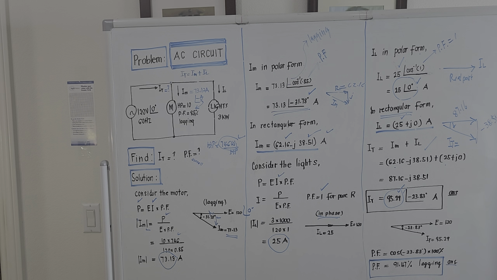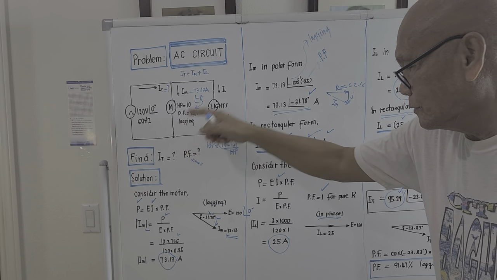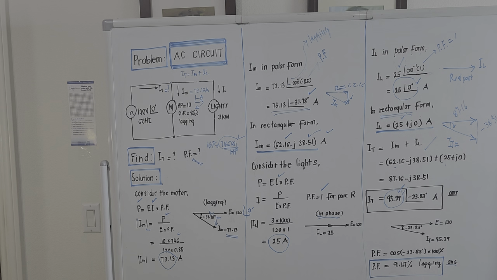If we draw the vector diagram of the voltage and current after combining the motor load and lighting load, it will be this. This is the applied voltage, and this is the total current. The angle separating the voltage and the total current is negative 23.83 degrees.